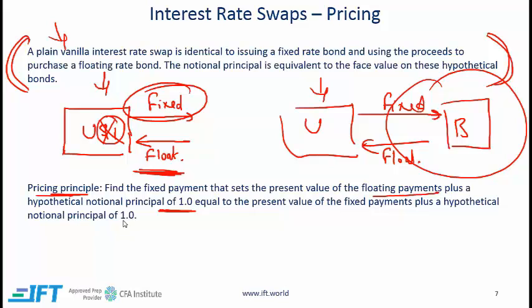So what we are saying is, if the present value of the fixed payments that we are making is equal to the present value of the floating payments that we are receiving, then what is the value of the swap? The present value of what you are giving is equal to the present value of what you are receiving. Therefore, value must be 0. When you set up this relationship and calculate the fixed rate, that essentially means pricing the swap.